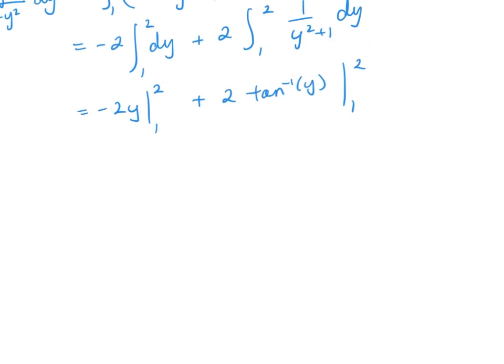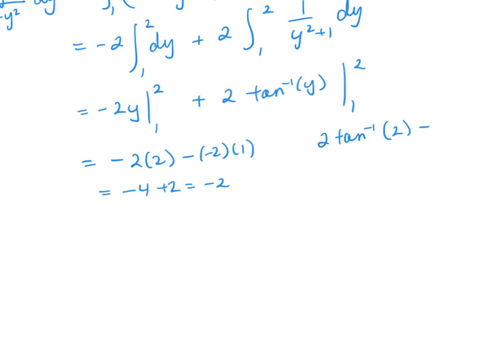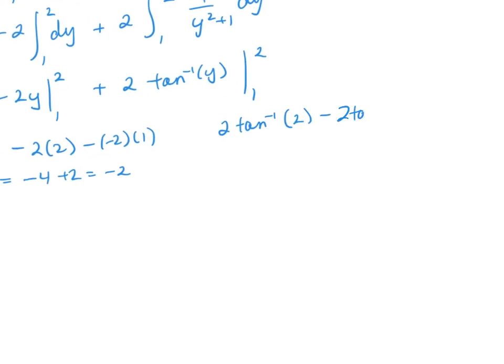Good times, good times. So this is equal to negative 2 times 2 minus negative 2 multiplied by 1. So this is negative 4 plus 2. This part is negative 2. And then I have 2 times the tangent inverse of 2 minus 2 times the tangent inverse of 1.